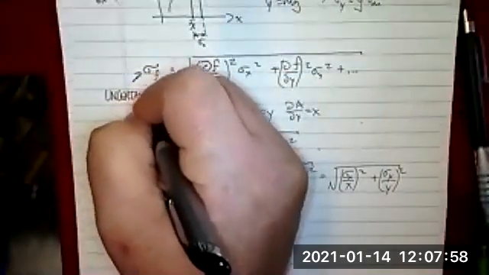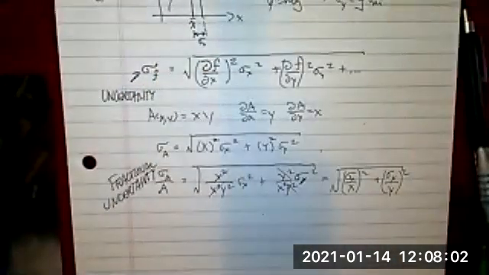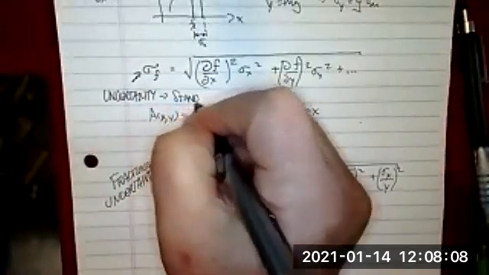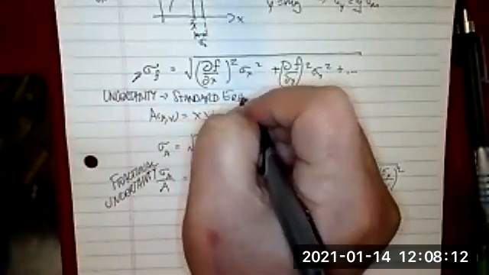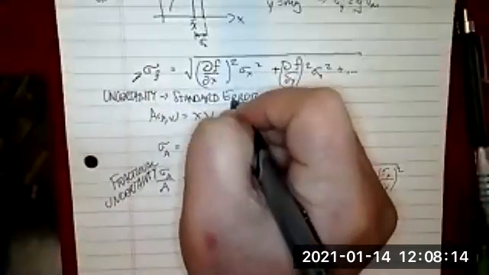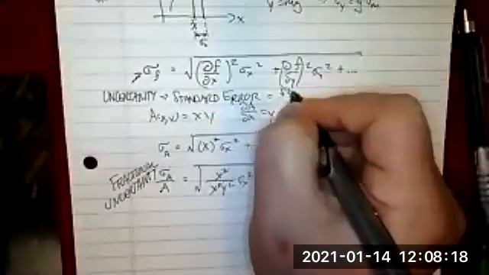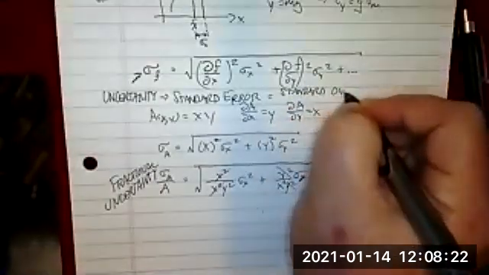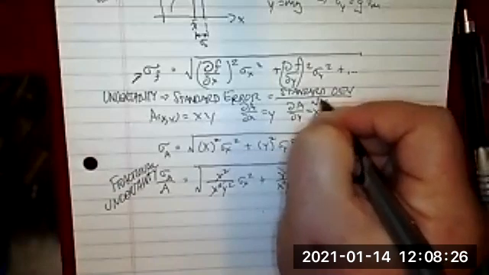And in your statistics speak, that's called the standard error. Not the standard deviation, it's the standard error. Which statistically means you take the standard deviation and you divide it by the square root of the number of trials.